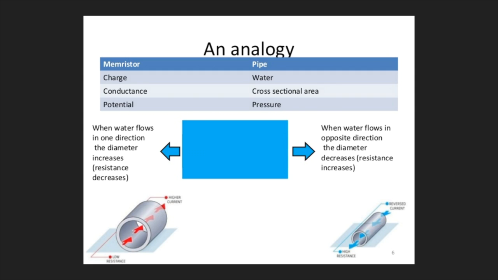When water flows in the opposite direction, the diameter decreases, and for the memristor, the resistance increases. This allows you to put different resistance levels on the memristor, and then it'll store that as non-volatile, so you don't have to apply a constant voltage or other form of charge to have it hold its memory.